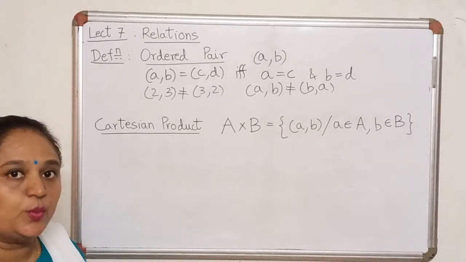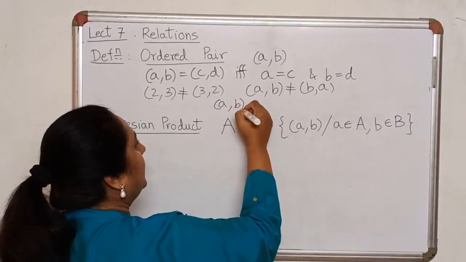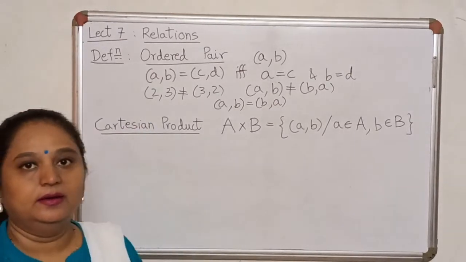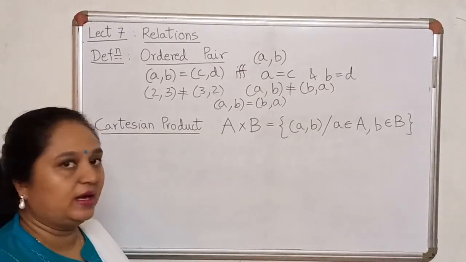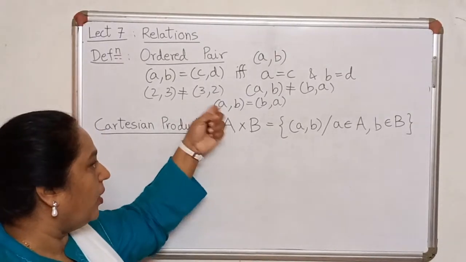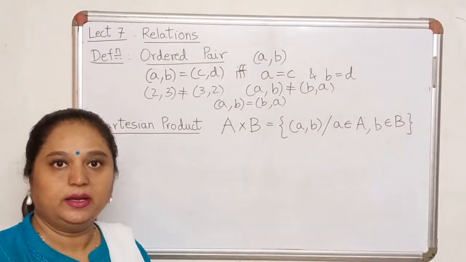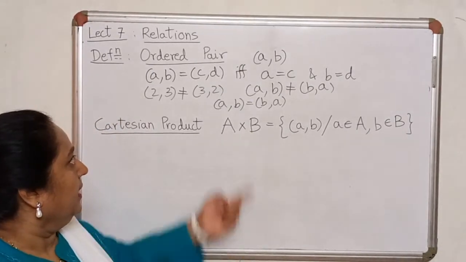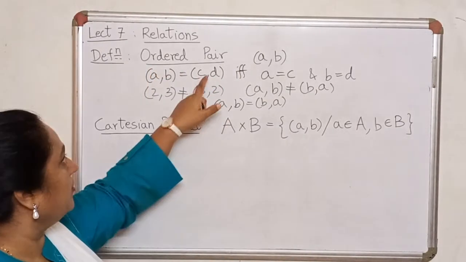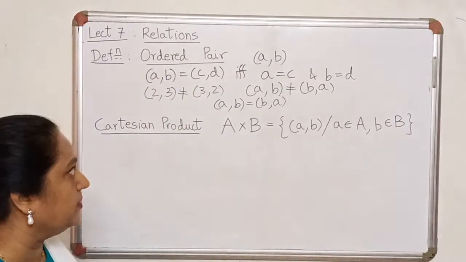However, there is one exception where the ordered pair (A, B) will be the same as (B, A). If you know it, you can continue. If not, pause the video and think about it. In what case will the ordered pair (A, B) be equal to the ordered pair (B, A)? Go back to the definition if that's a problem. The ordered pair (A, B) is equal to (C, D) if and only if the first element is equal to the first and the second element is equal to the second.